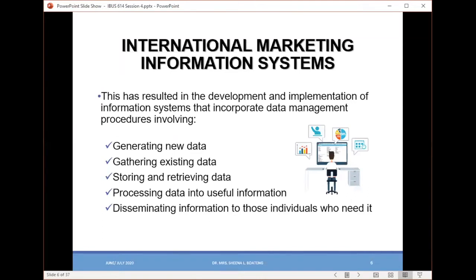So here we are saying that the development and implementation of the information system incorporates data management procedures that involve generating new data, gathering existing data, storing and retrieving data, processing data into useful information, and then disseminating this information to those individuals who need it in a timely manner. And when we speak of this in regards to the internet, this has been the bane of most institutions, which has brought about what we now refer to as the big data phenomenon.